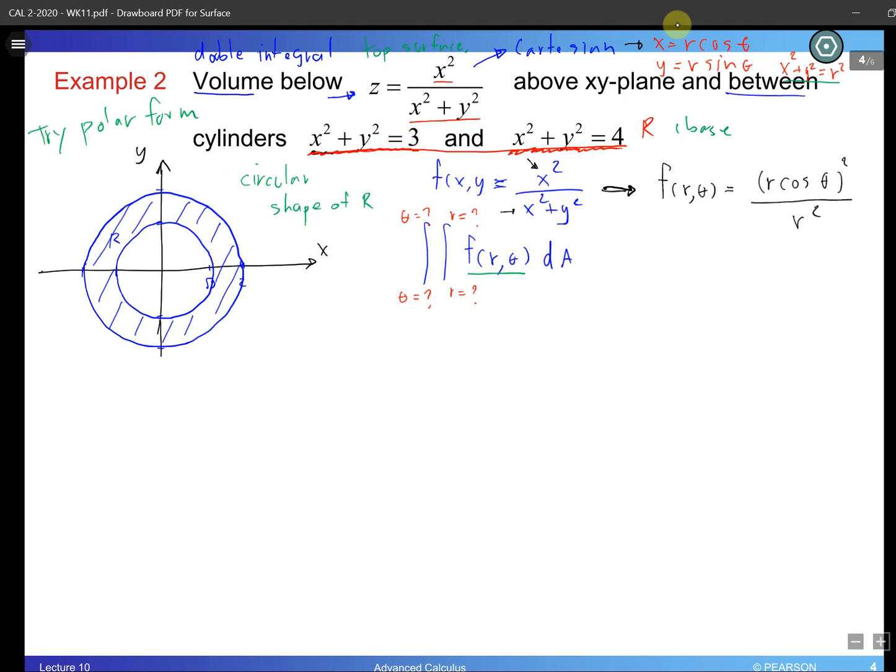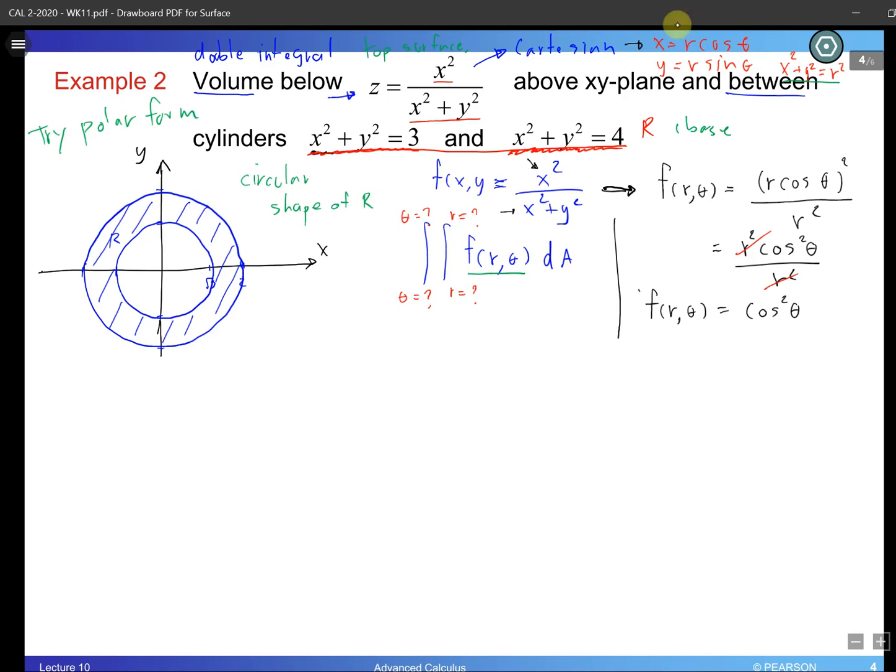Okay, once again, let me put this right here. So it's going to be a little bit easier than last time. This one is going to be r squared cosine theta squared over r squared, so we get some cancellation. So this is going to go away, right? So in the end, we have this function in terms of r and theta equal to just cosine theta squared, and that's it.